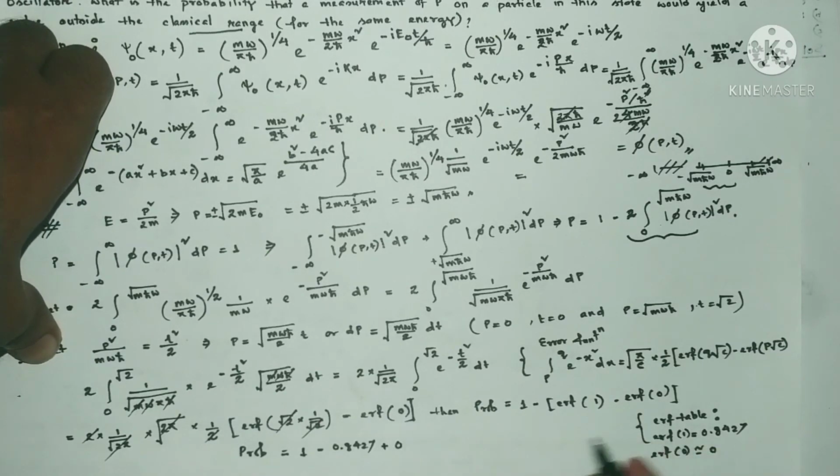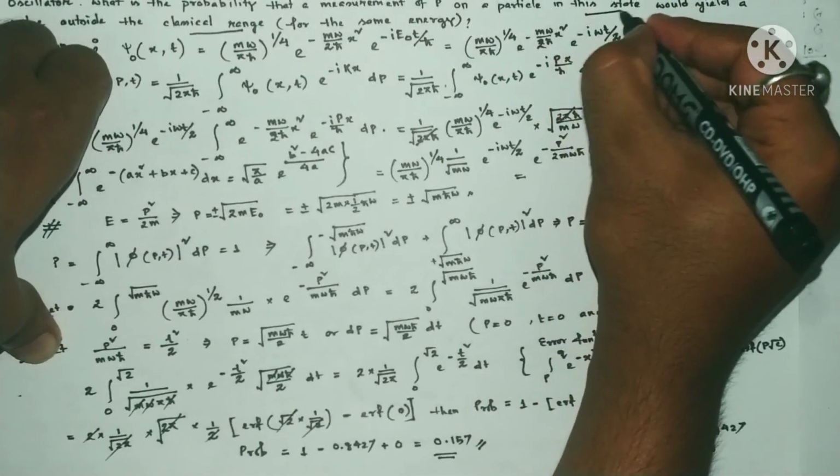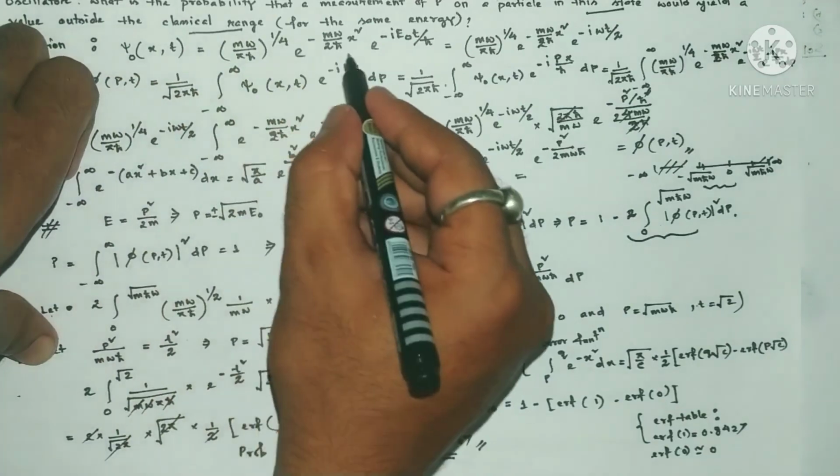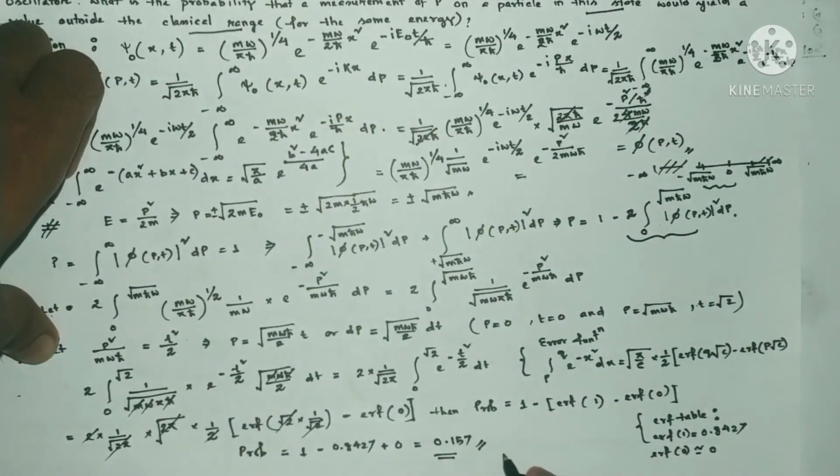We have taken this as 0, so 1 minus 0.8427 is 0.157. So there is the probability that measurement of P of the particle in this state would yield outside the classical range, right? Thank you so much.